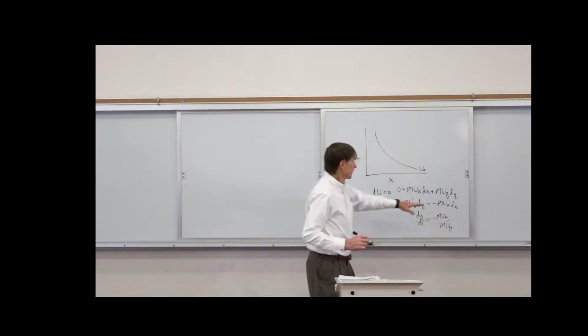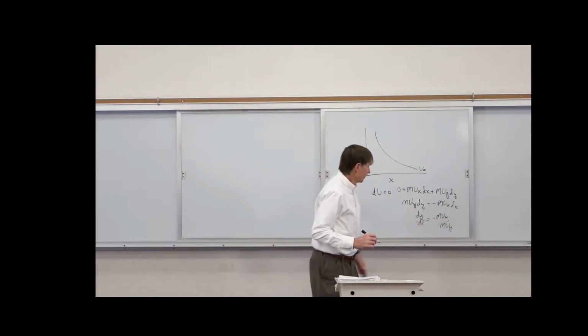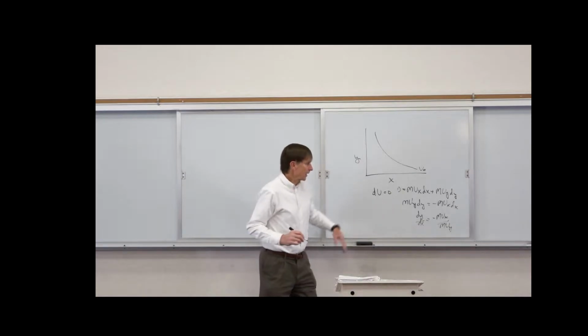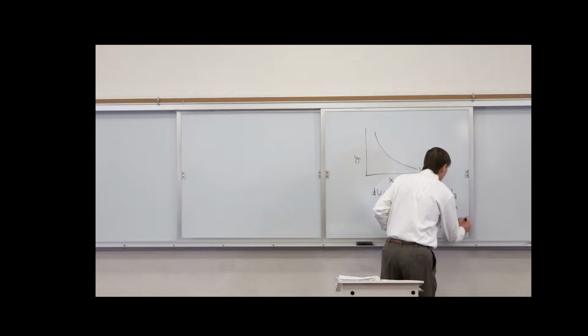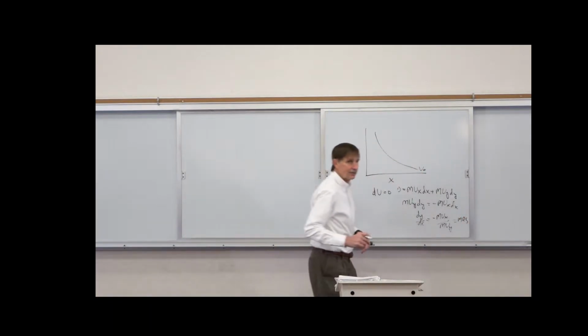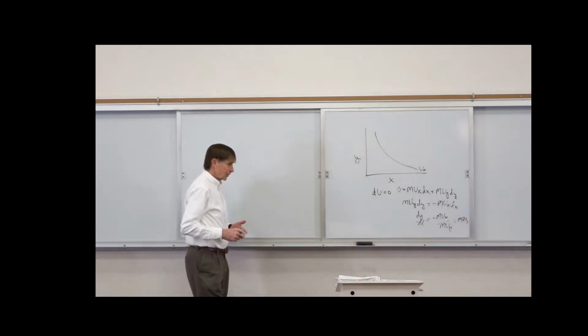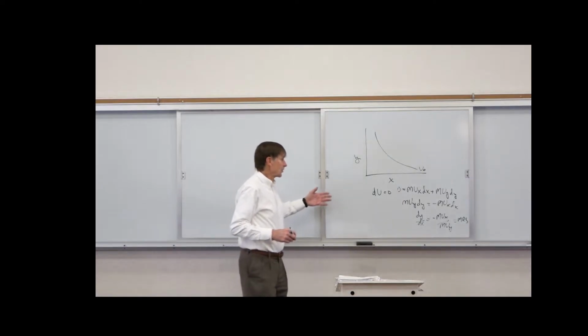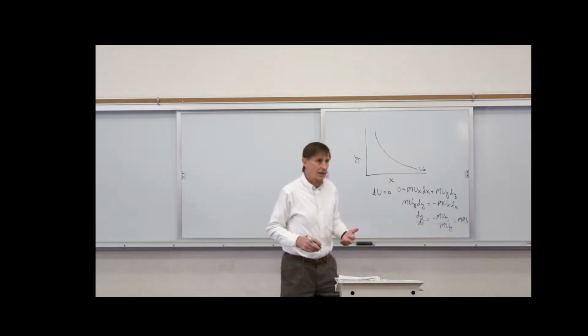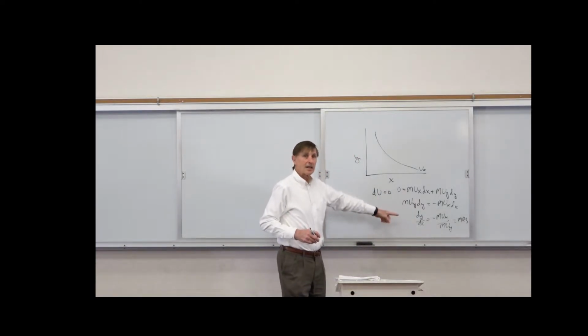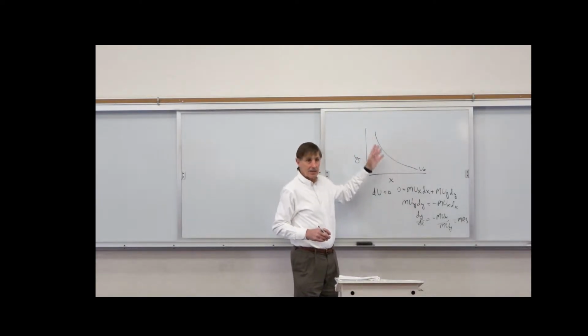What is that equal to? That's what we call the marginal rate of substitution, so think back to ECON 202. We showed that the slope of the indifference curve is just the ratio of the marginal utilities. It has a negative sign because the curve is downward sloping.